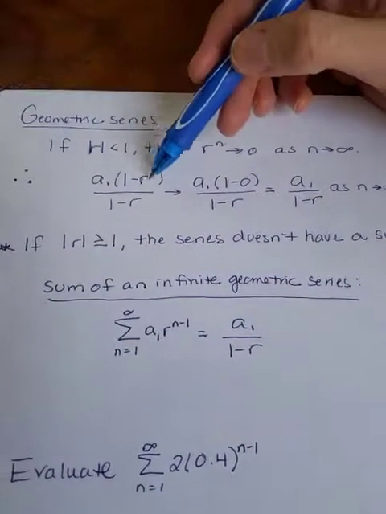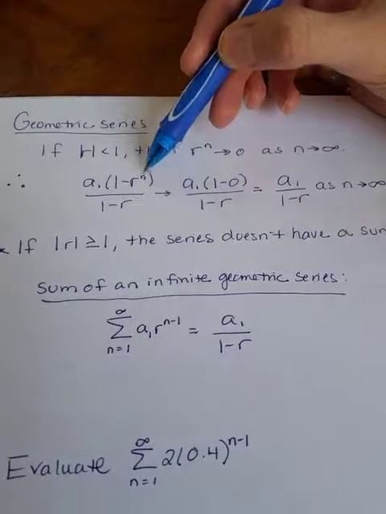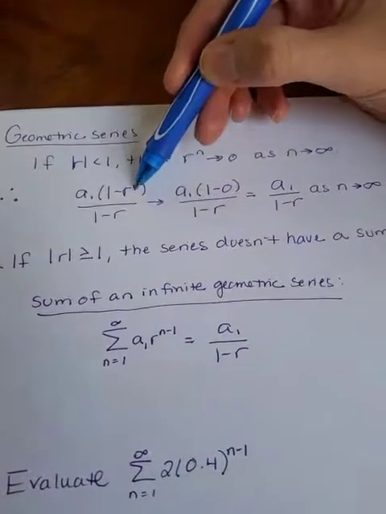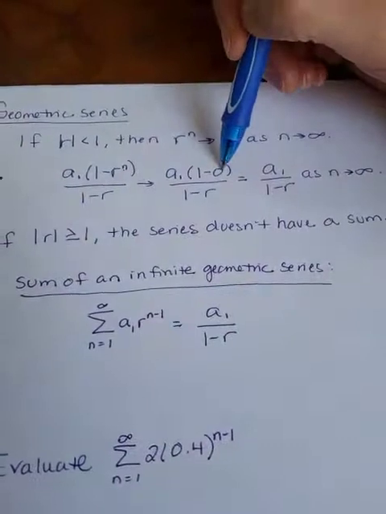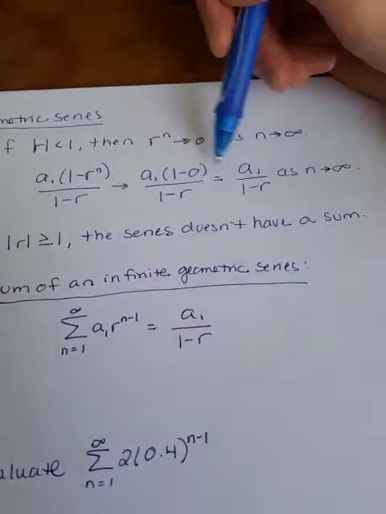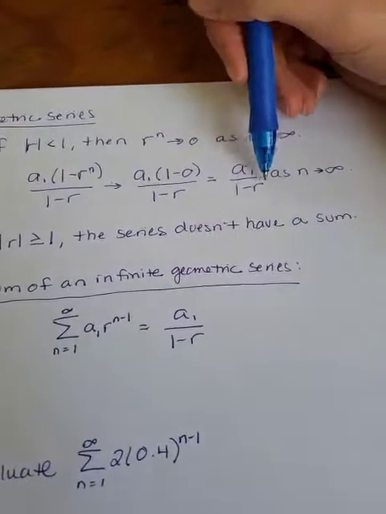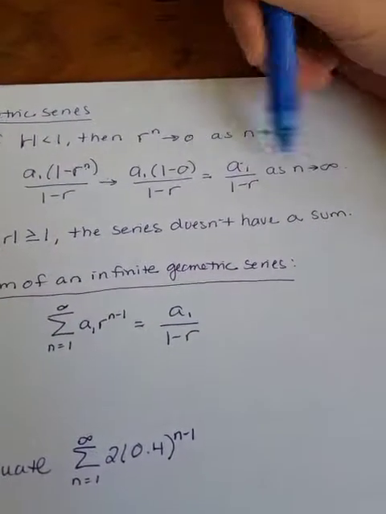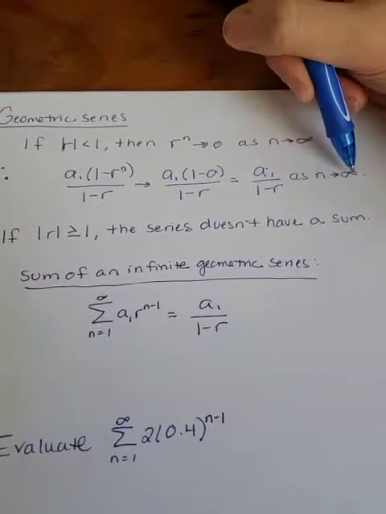All I did here was take r to the n, which is approaching 0, and put 0 in for r to the n. Simplifying, you get a sub 1 over 1 minus r as n approaches infinity.